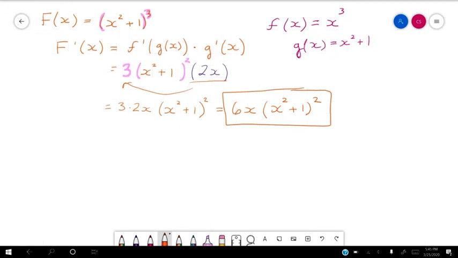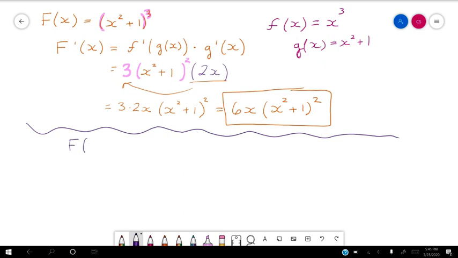Let's look at it in terms of u. Let's bring back that same example, but using that other definition with the u's and Leibniz notation. In this case, u is the inside function. So let's let u equal the inside function, and then y will be the outside function in terms of u.